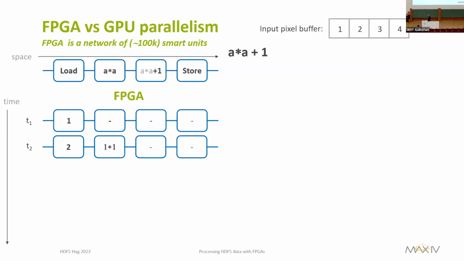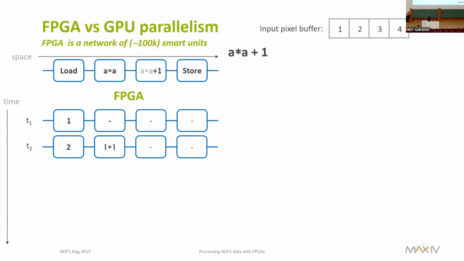The FPGAs are like a network of smart units, or these logical blocks. Each of these logical blocks has its fixed set function. For example, the first block will load a pixel value 1. In the next time step, it will send this value 1 to another block, which will do a multiply.